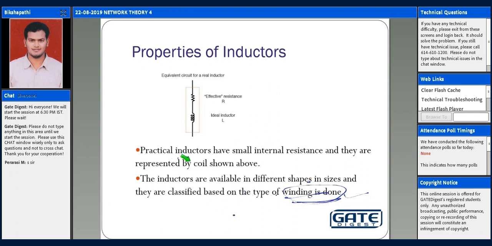Practical inductors have a small internal resistance and are represented by a coil as shown here. For the practical case some resistance will be there; for the ideal case this will be 0.